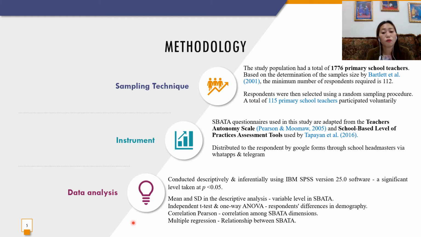Independent t-test and one-way ANOVA were done to analyze respondent differences in demography. A Pearson correlation was done to examine the correlation between dimensions as it was a precondition for regression analysis. The last analysis is multiple regression that was done to examine the relationship between SBATA variables.